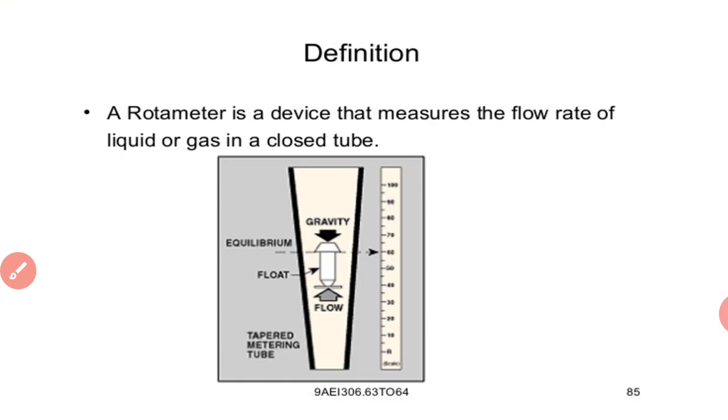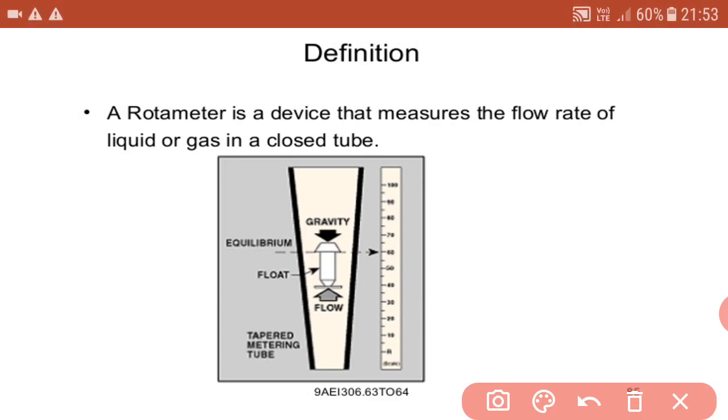This is the typical diagram of a rotameter. Here we can see there is a cone type of arrangement placed vertically, and in the center we can see the float, in a tapered metering tube. The flow is from this side.